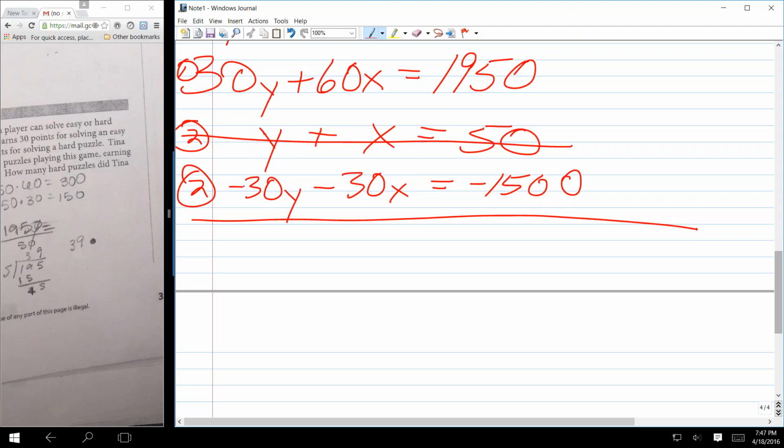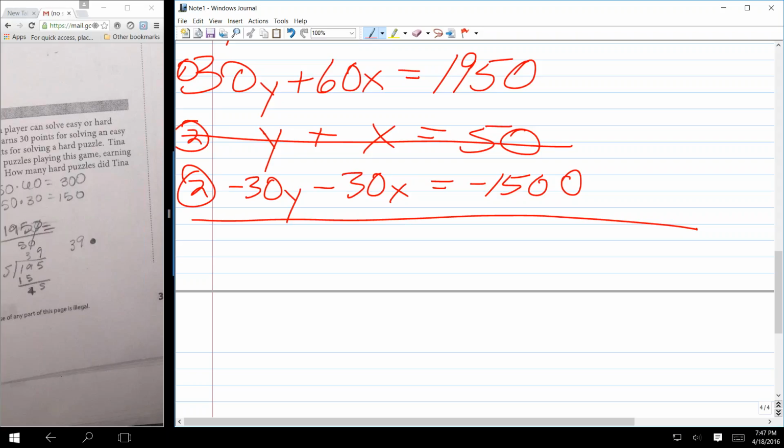How do you know when to add or subtract? Well, if this was a plus 30y, I would want to subtract them, because my purpose is to eliminate a variable. But you took care of that by multiplying by minus 30, because you knew it's easier to add equations than subtract.